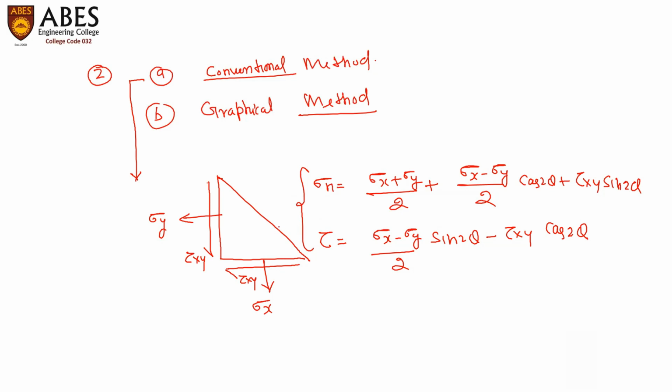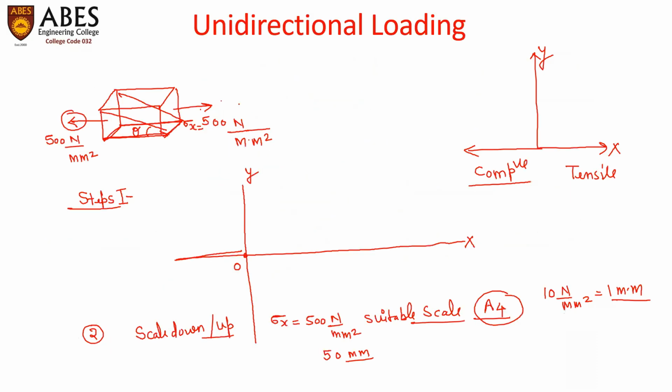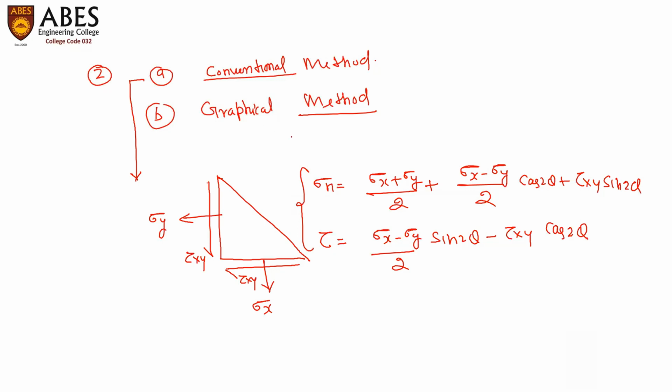Now, could we compare our body, which we have analyzed earlier, with this loading system? We can easily see that it is a unidirectional loading system. So, sigma y as well as tau xy is 0 in this case.